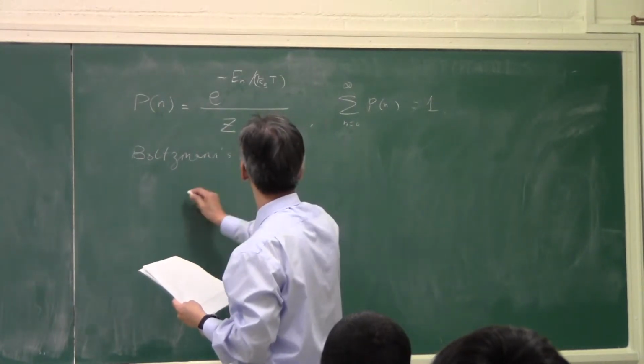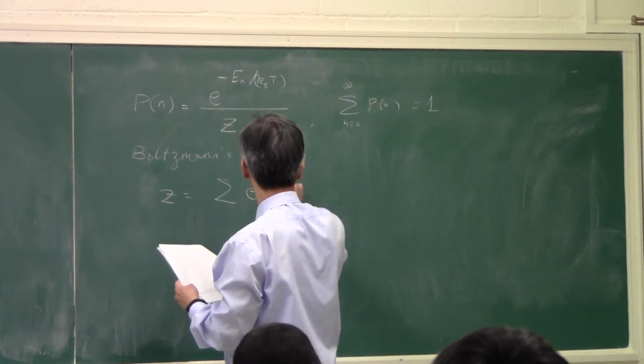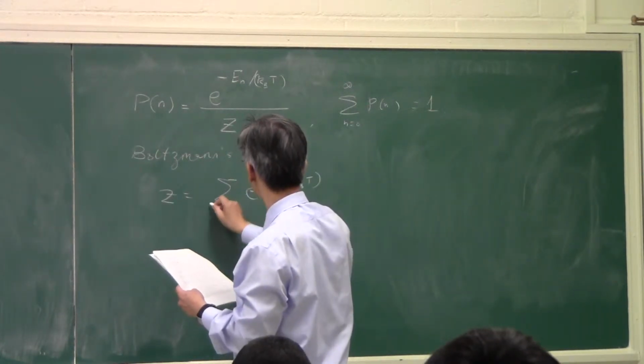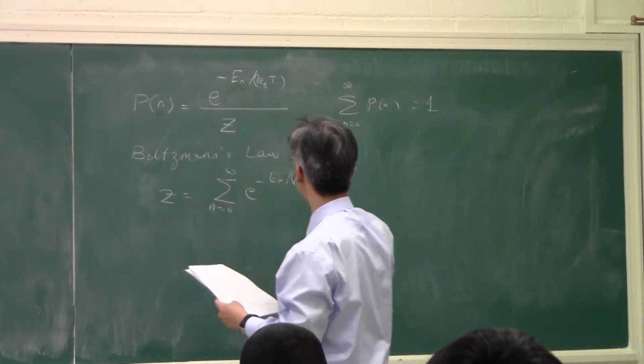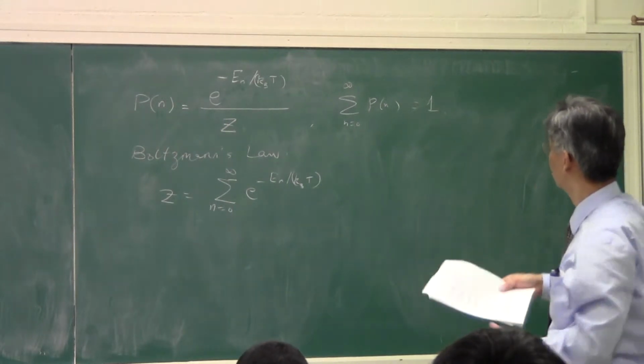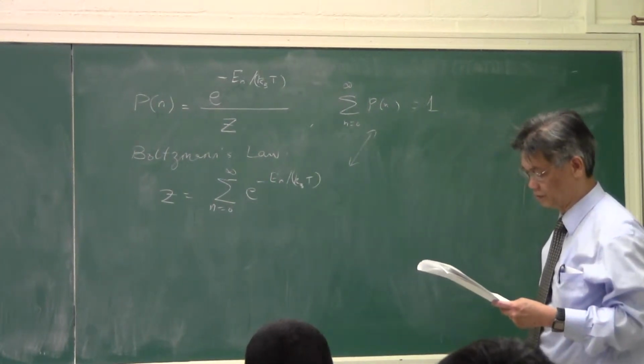And in order for this Z to be a normalization constant, Z is just the sum over the numerator. If you take Z to be that, then this is always true. This is just used to normalize it.